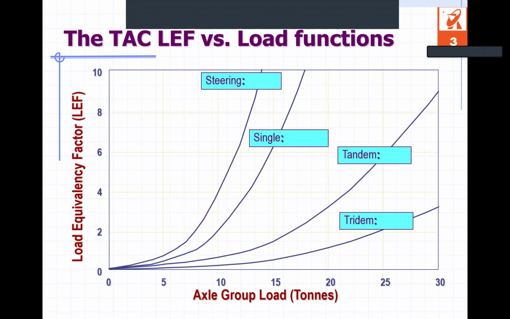And if you plot them with different loads, these are the plots of load equivalency factor, or damage, that different weights on the different types of axles will produce. So which axle produces more damage faster? I'm asking you, based on the graph. Remember, load equivalency factor is damage. So look at the 10 tons, for example.